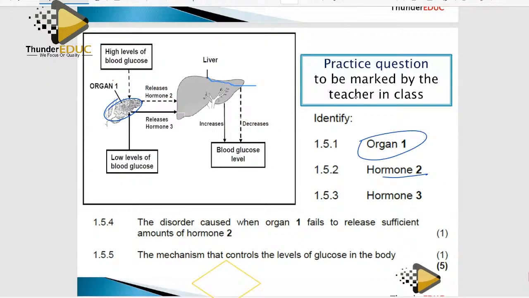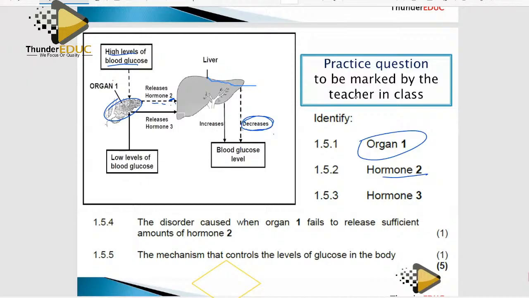Okay, let's analyze it. This is a high level of glucose in the blood. Now the pancreas is going to produce hormone 2, then it goes to the liver. You see these dotted lines? At the end, the level of glucose is going to decrease.